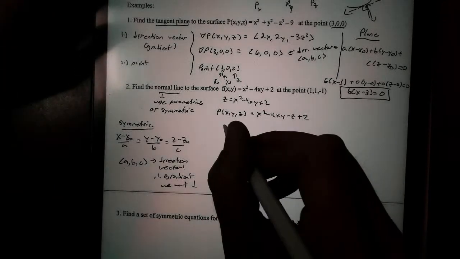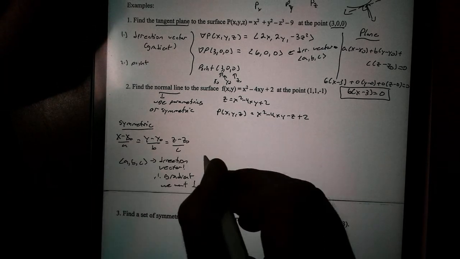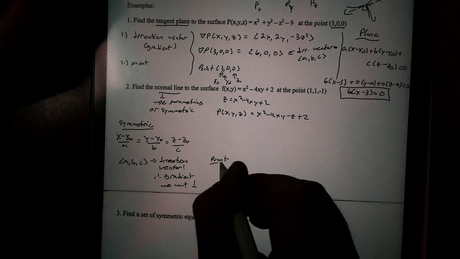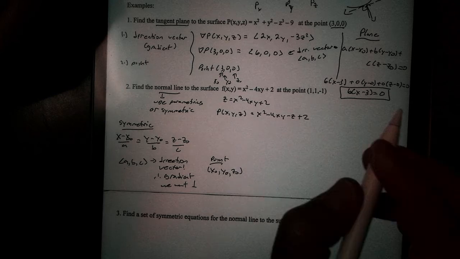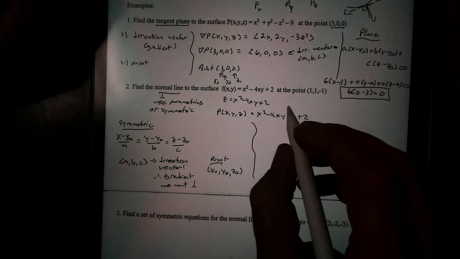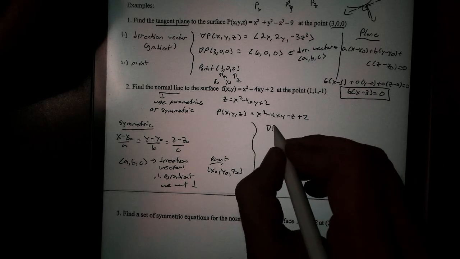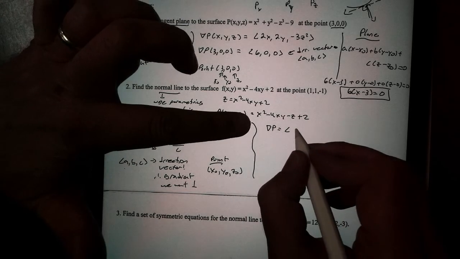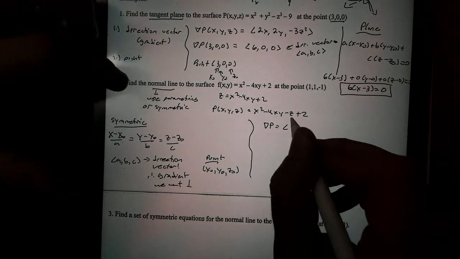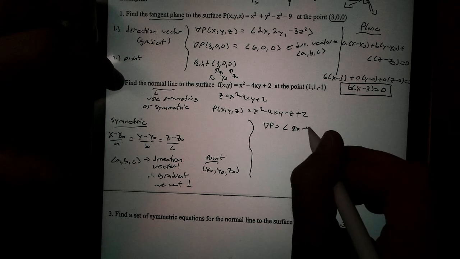So let's go ahead and find our gradient, and of course we have our point too. The point, right, that was just the x naught, y naught, z naught, and again, they give us that. So let's go ahead and solve this. The first thing we need to do is our gradient. That becomes, be careful, in terms of x, 2x minus 4y.